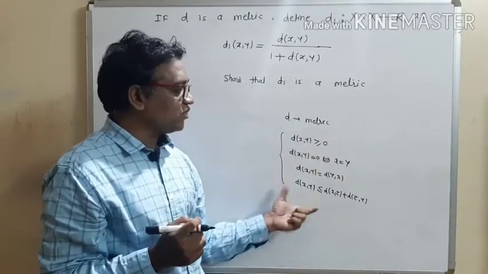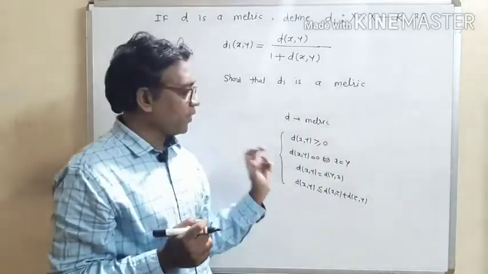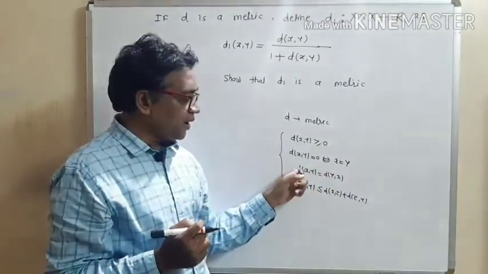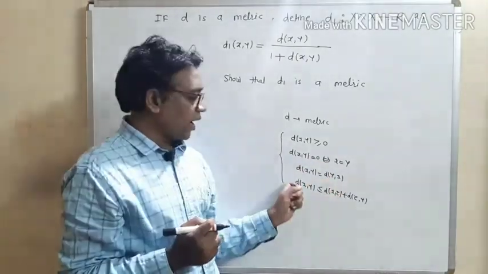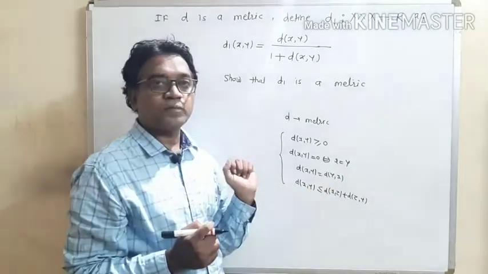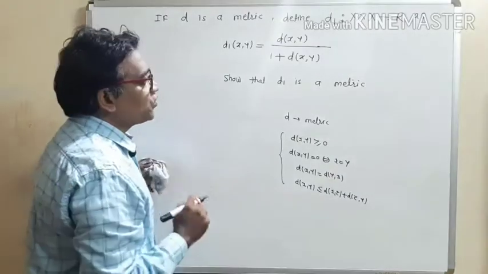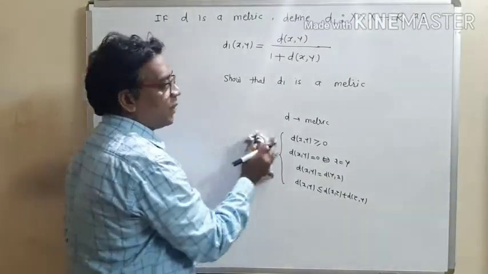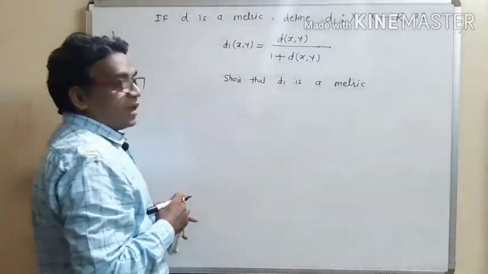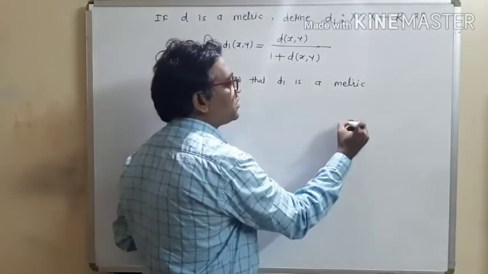We can use these conditions: distance is non-negative, d(x,y) equals 0 if and only if x equals y, d(x,y) is equal to d(y,x), and d(x,y) is less than or equal to d(x,z) plus d(z,y). Now we want to show that d1 is a metric. That means we want to show these four conditions.